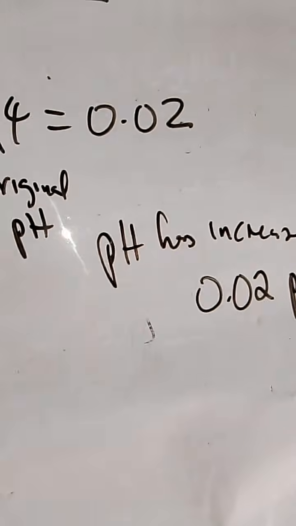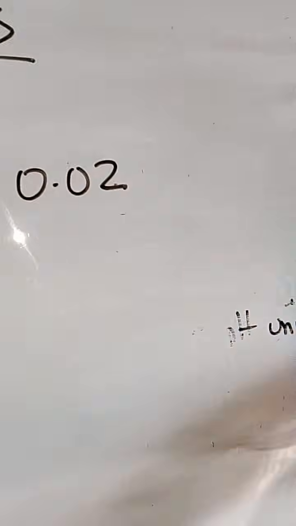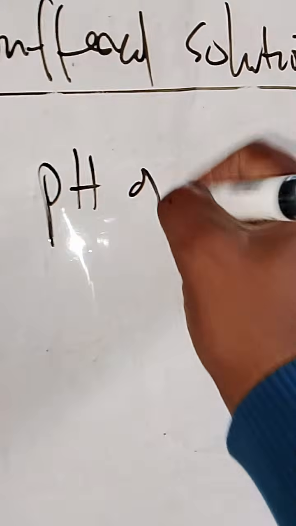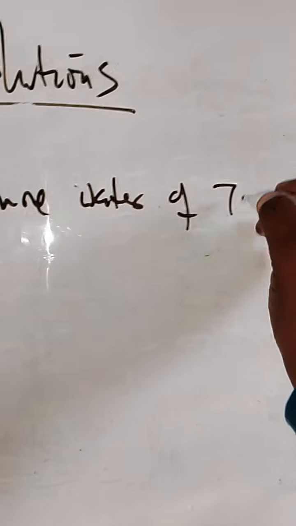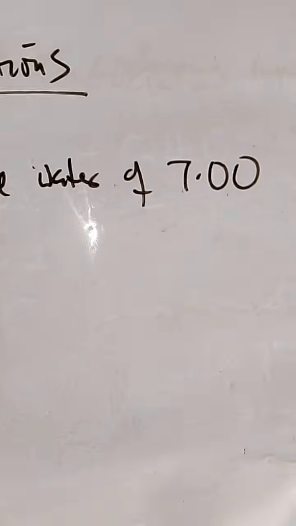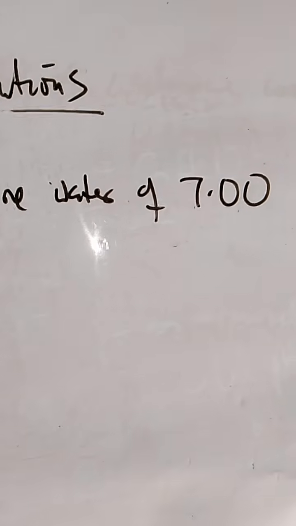Okay, so now let's compare this with pure water. We know that the pH of pure water is around 7.00.